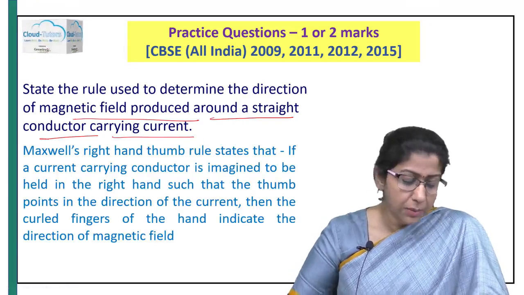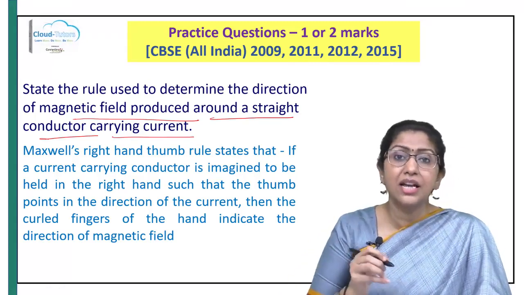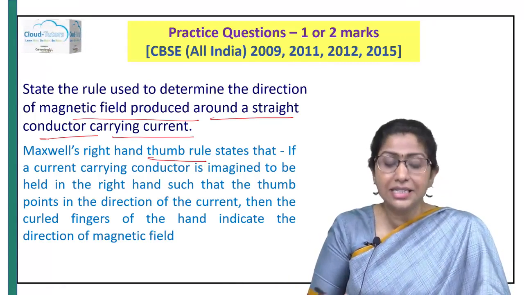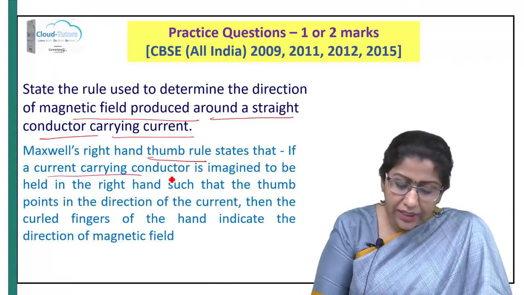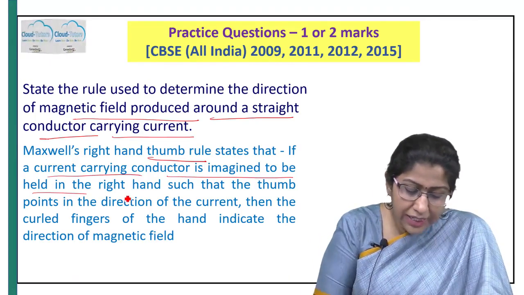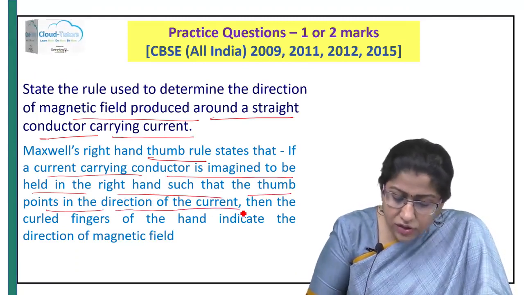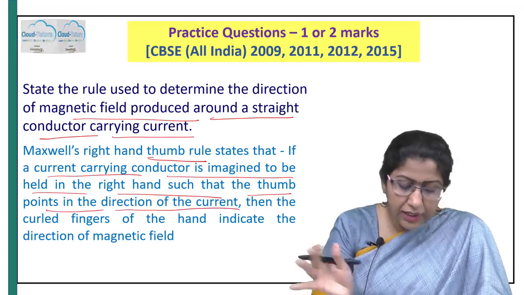All right, the answer would be, it is Maxwell's right hand thumb rule. It states that if the current carrying conductor is imagined to be held in the right hand such that the thumb points in the direction of the current, then the curled fingers.